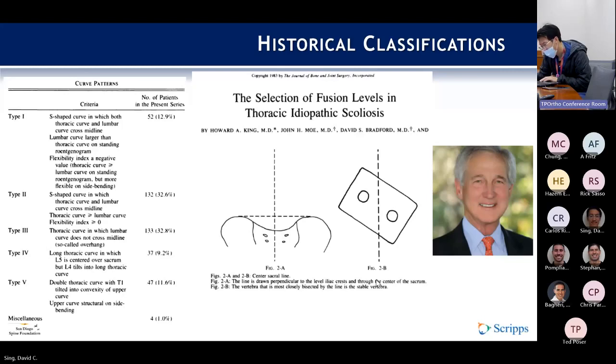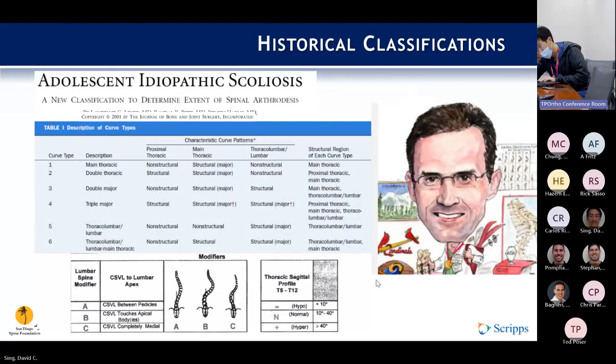And this was nice because it helped set the framework on how to assess what to do surgically and would be adopted into thinking and management of adult idiopathic scoliosis, adult deformity as well.